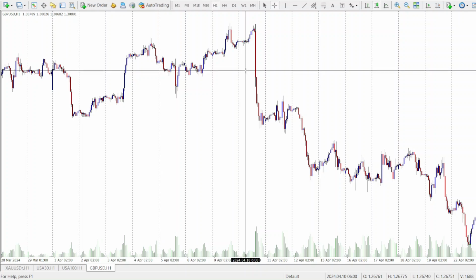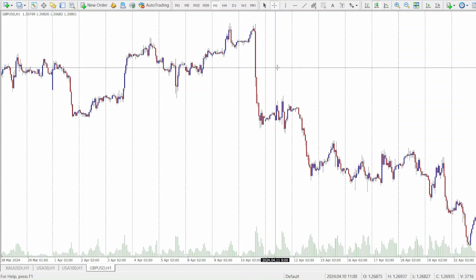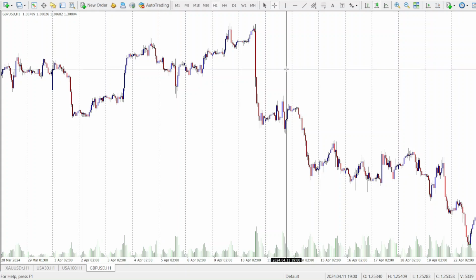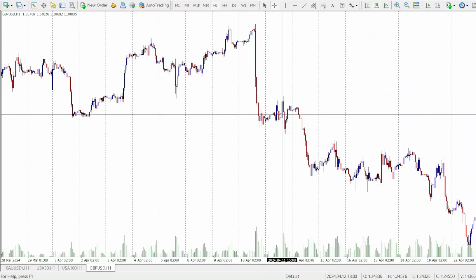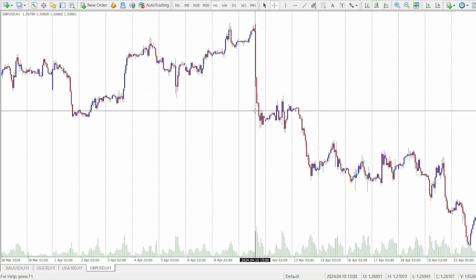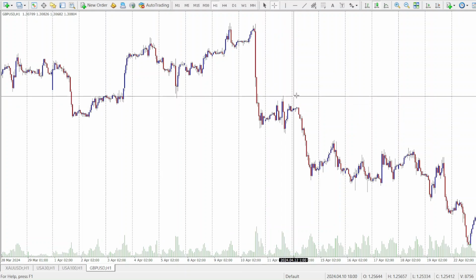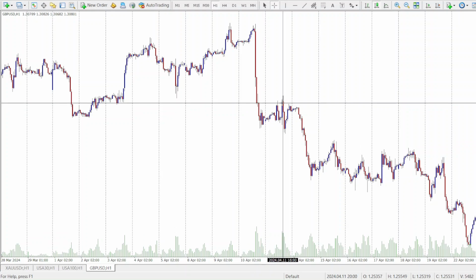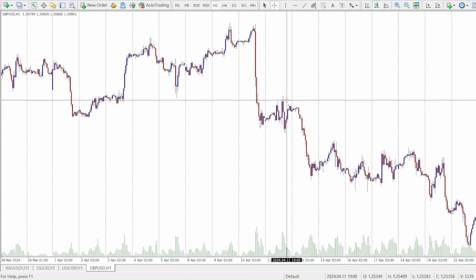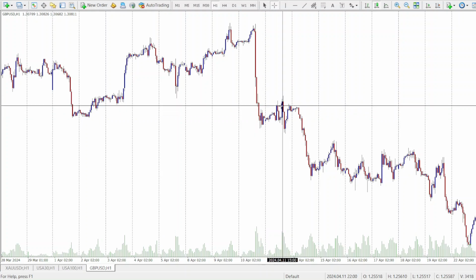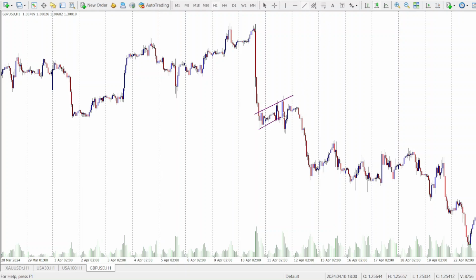Now, the flag, which is the second component of the bearish flag chart pattern, occurs right after the drop. The price consolidates or retraces upward in a parallel channel or slightly upward sloping range, as we can see here. This is the flag.